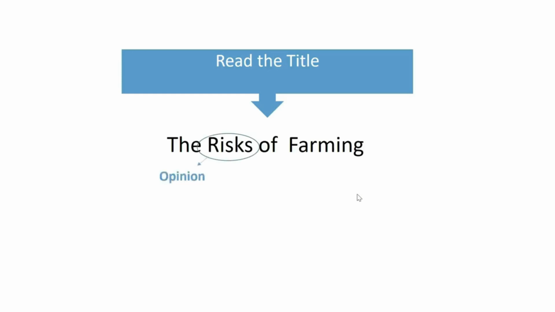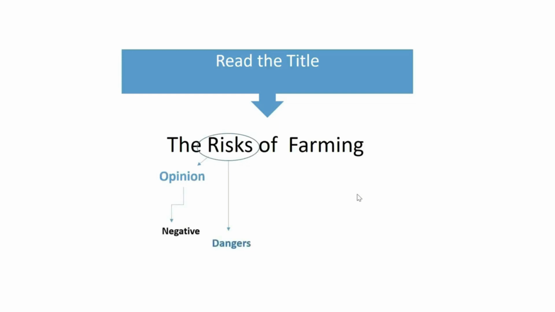So the first step is to read the title. The title of the article is The Risks of Farming. Straight away we have the word here, risks. So we know that this is an opinion that somebody must have regarding farming. And it's negative.